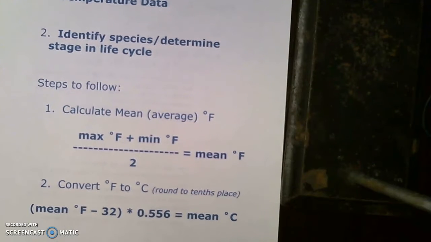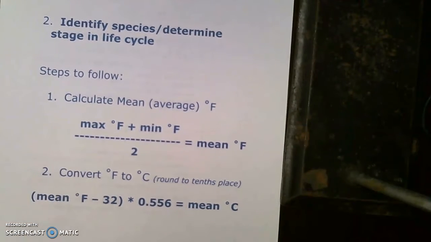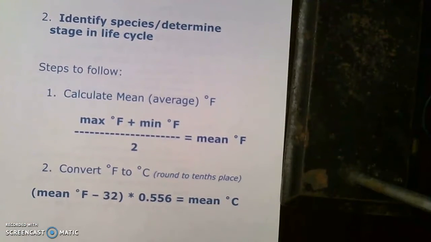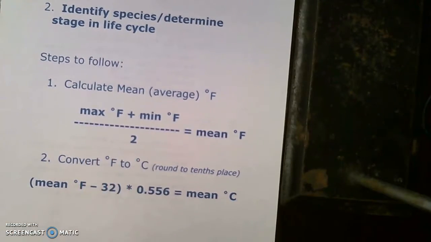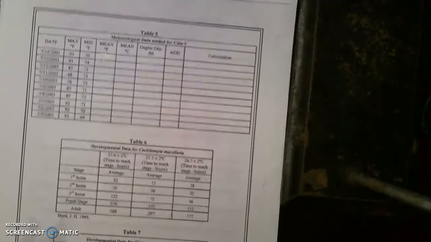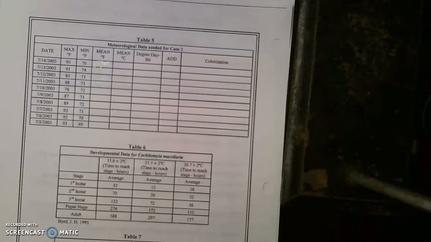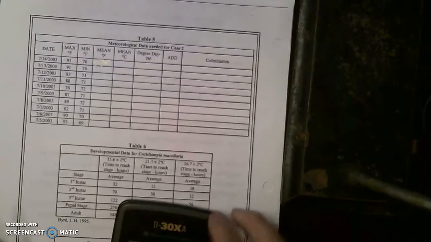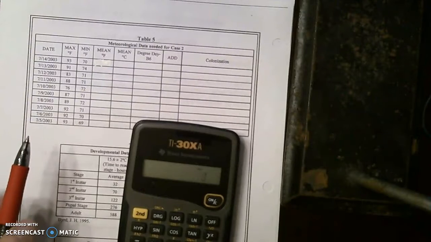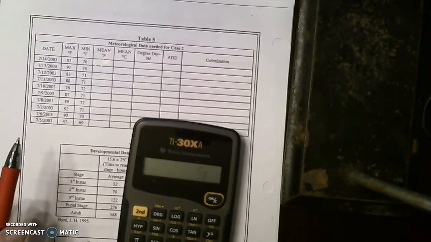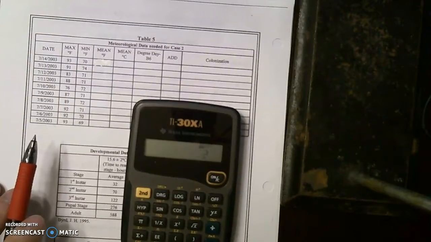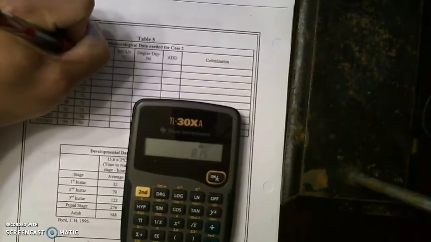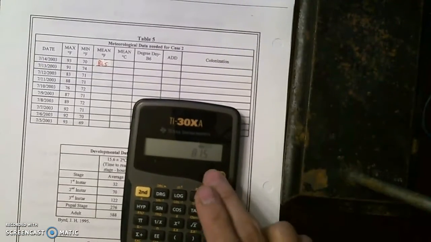So to determine the time of death, the first thing we're going to do is calculate the mean average. In order to do that, it's simply the max plus the min divided by 2. In Table 5, starting from the top, 93 plus 70 gives me 163 divided by 2, and I get 81.5.